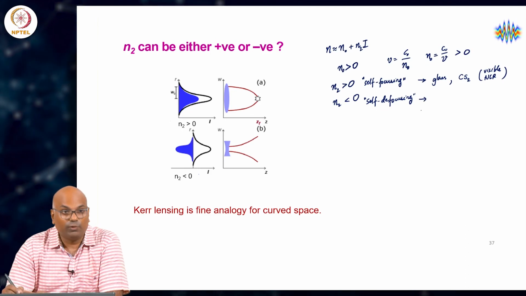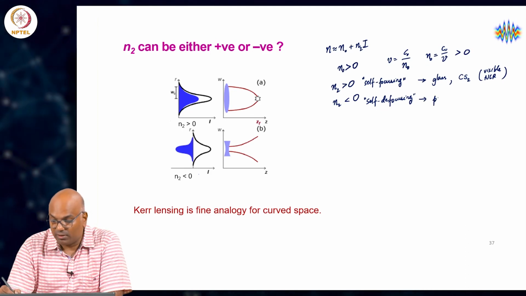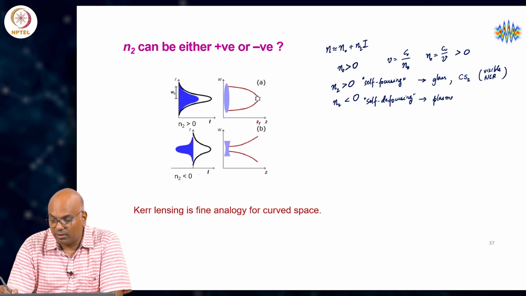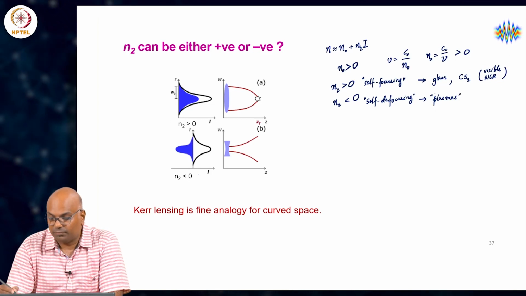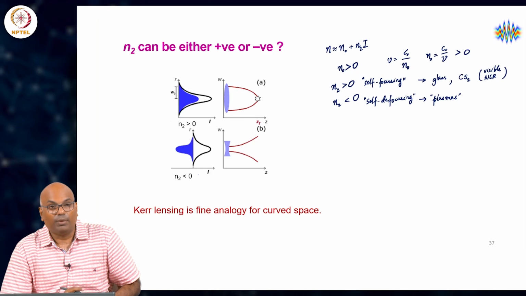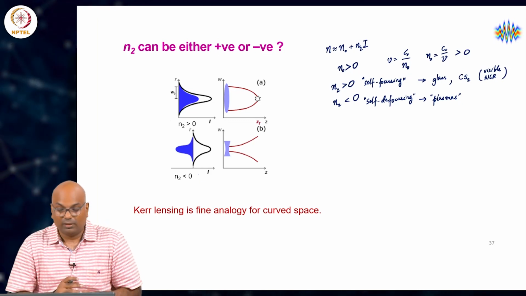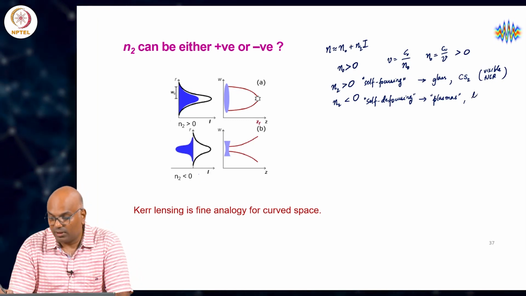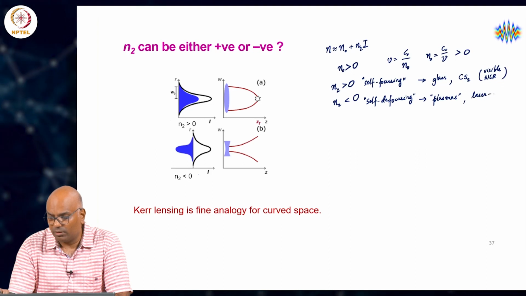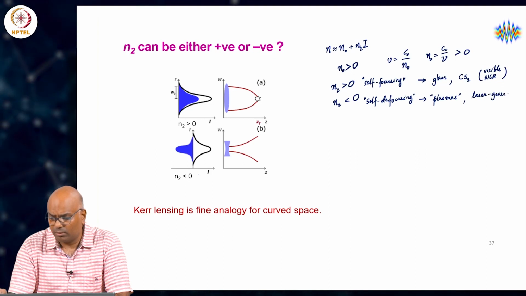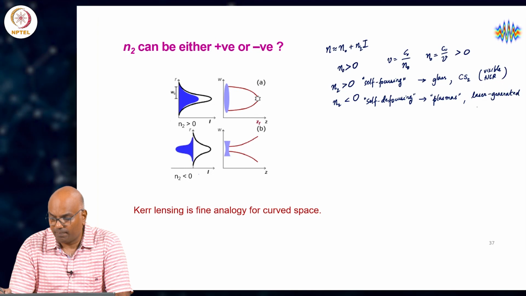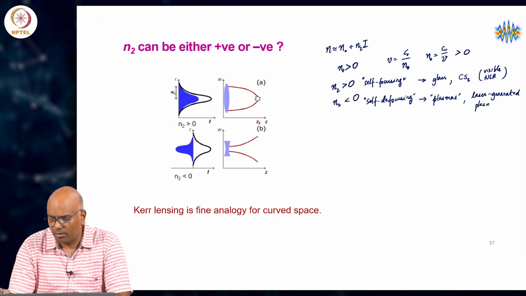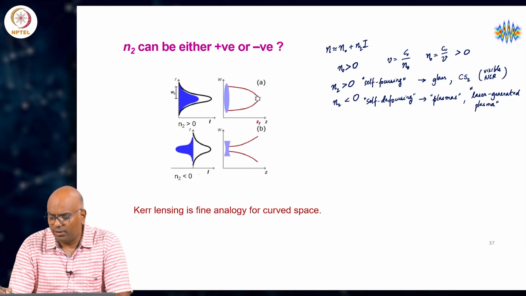Examples of self-defocusing would be scenarios where we somehow generate plasmas, or a beam propagating in a plasma, say a laser generated plasma.